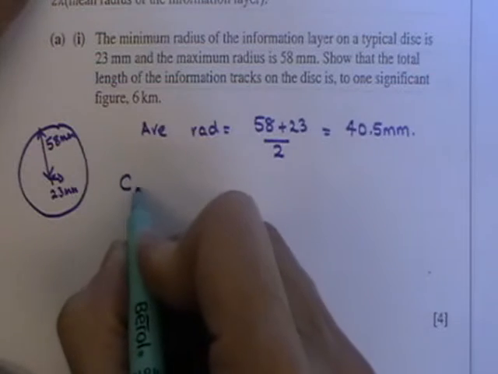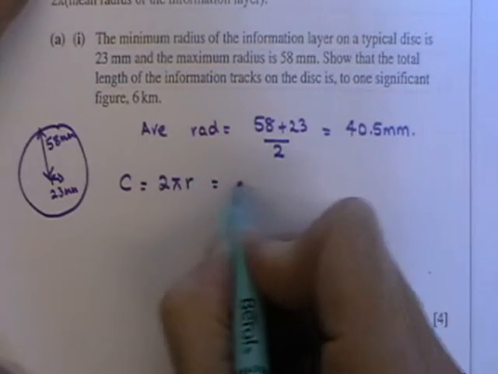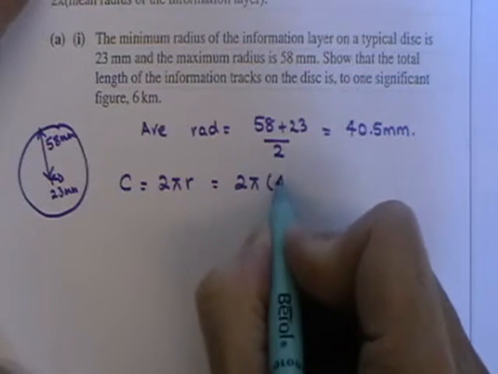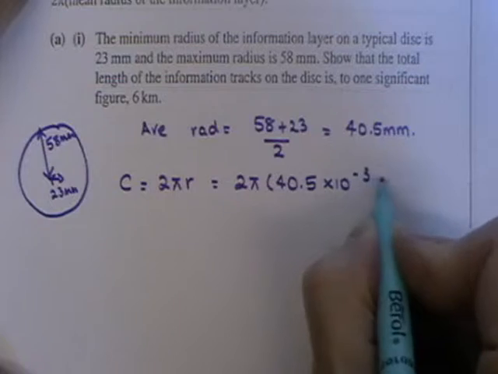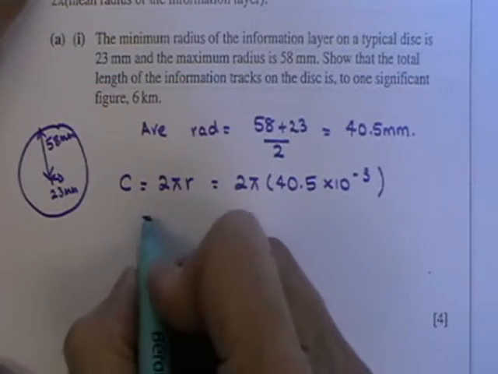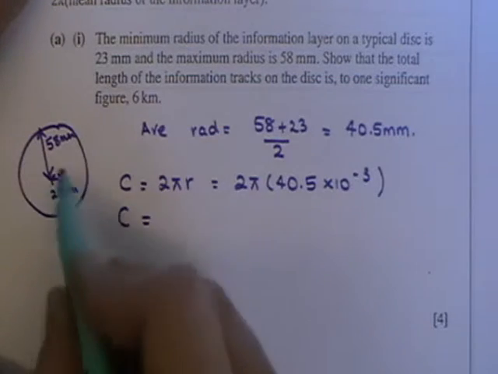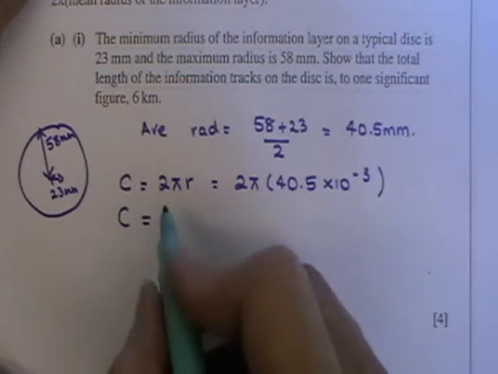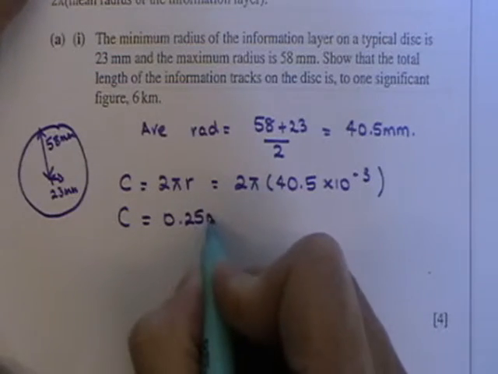Then we're going to find the circumference. So the circumference equals 2 pi times the radius, which is 2 pi times 40.5 by 10 to the minus 3, and that's in metres. And the circumference of one average radius there, or one circumference, is 0.25 metres.